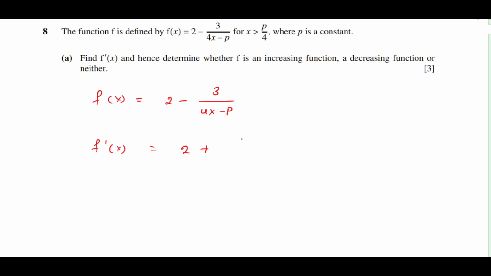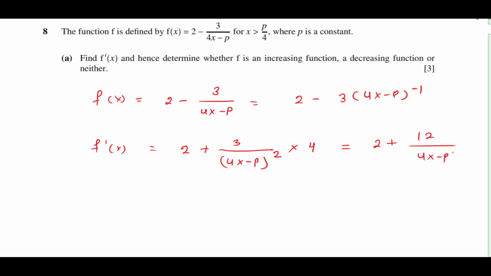You can write this as 2 minus 3 times (4x minus p) to the power minus 1, so the power will become minus 2. That minus 2 you will write in the denominator, so 4x minus p the whole square, and you will differentiate 4x minus p, so the derivative is 4.